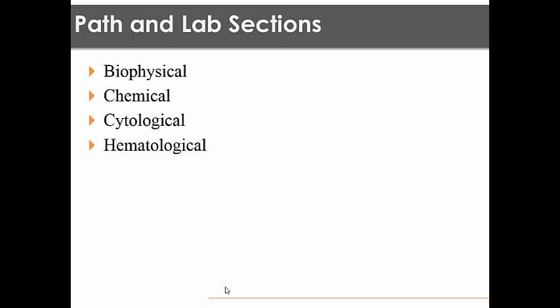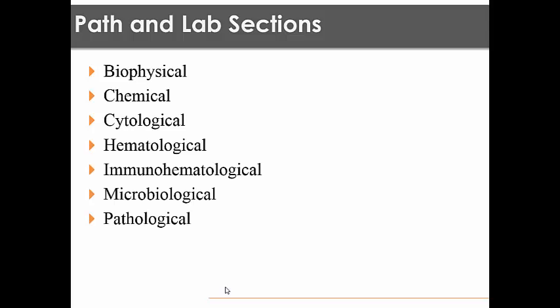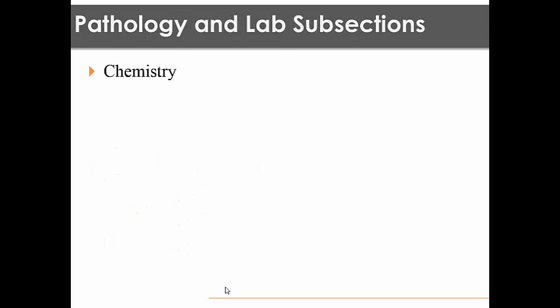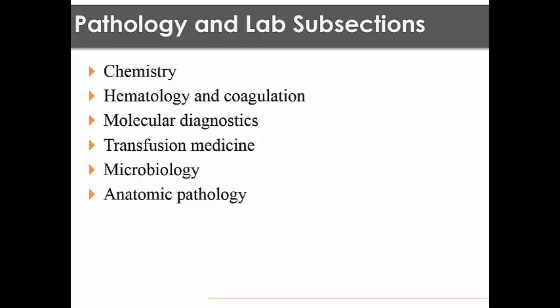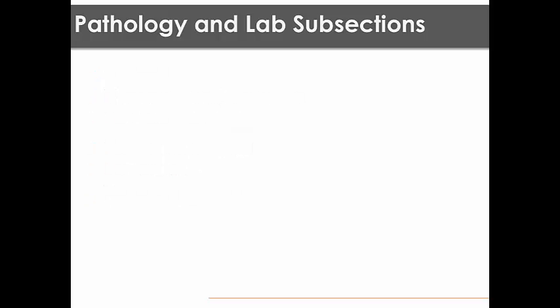Your Path and Lab sections are as follows. They're all broken down from biophysical all the way down to pathological and serological. And your subsections start with chemistry. Well, they don't start with chemistry, but they go chemistry and hematology, molecular diagnostics, transfusion medicine, microbiology, and anatomic pathology.